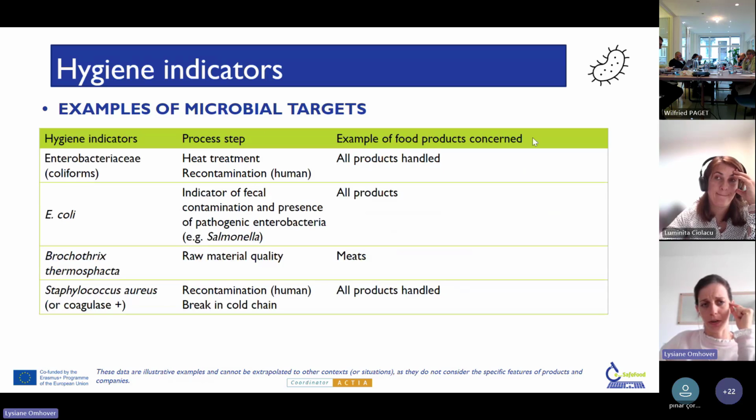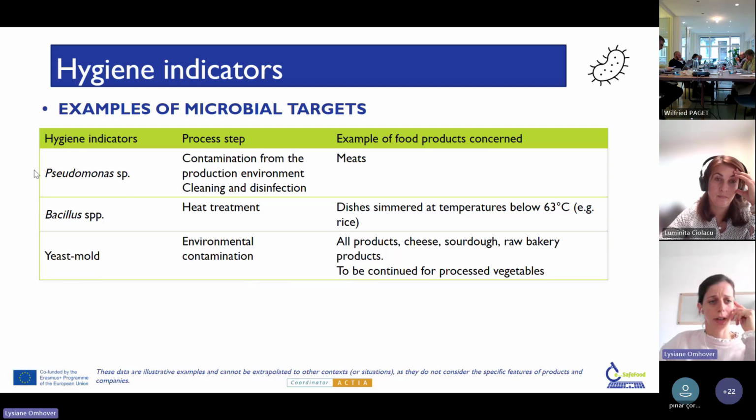We added other examples, like Enterobacteriaceae, that can be found in all manipulated products, or E. coli, which is an indicator of fecal contamination. And it can also indicate the presence of other pathogenic enterobacteria such as Salmonella. And Brochothrix thermosphacta, for example, is only present in meats and in the raw materials.